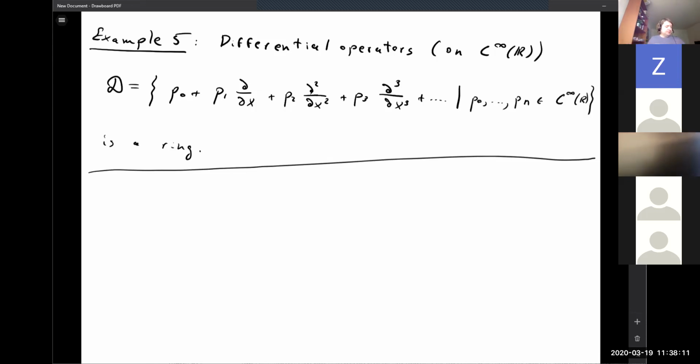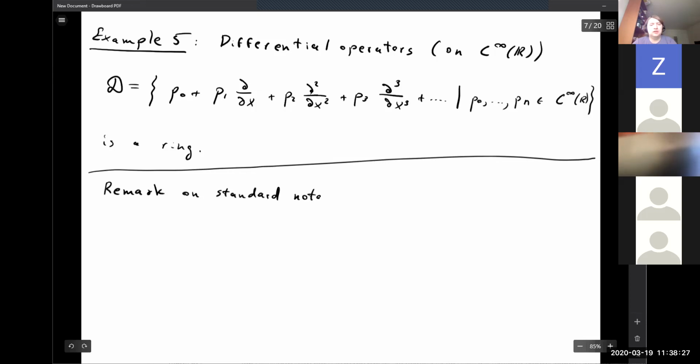Okay, so let's talk about notations. So, a remark on standard notations. Let R, with binary operations plus and times, be a ring.